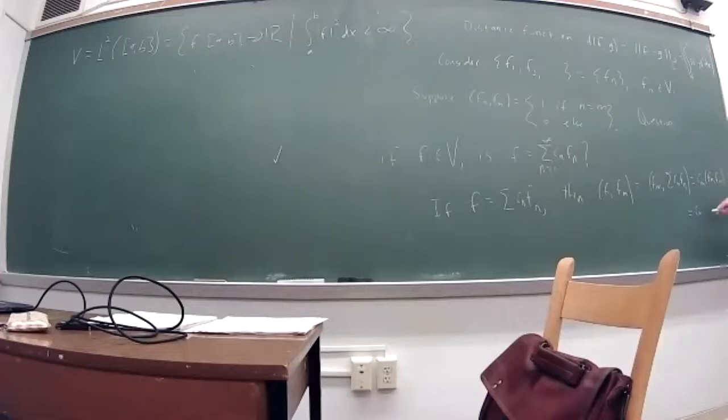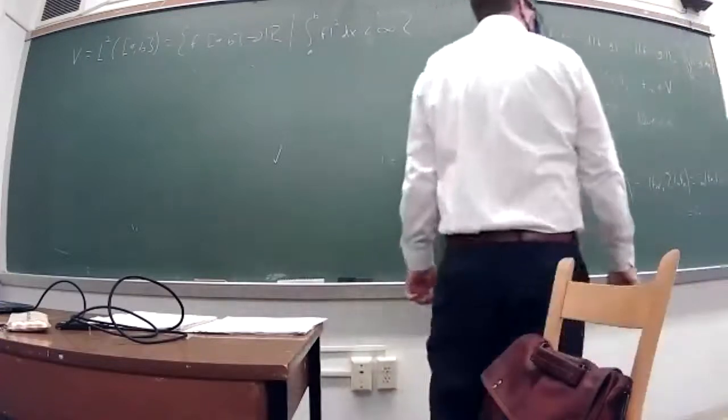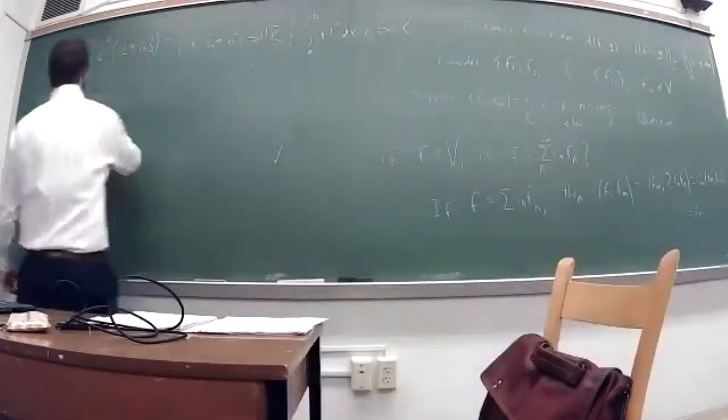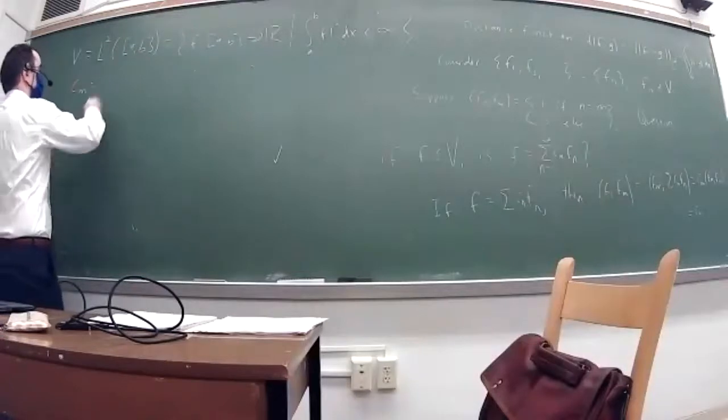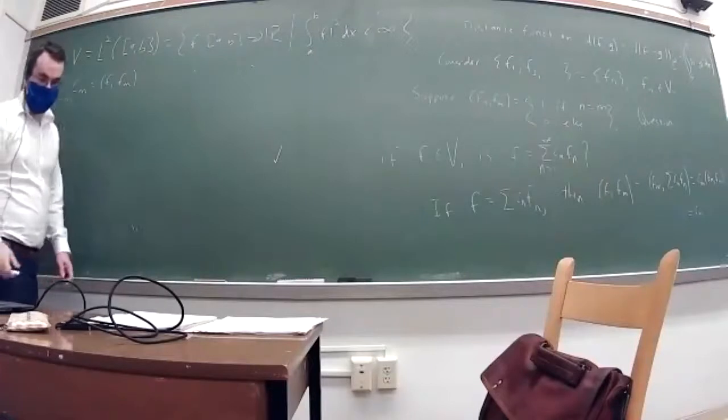So this is a formula for the mth coefficient: c_m equals the inner product of f and f_m.